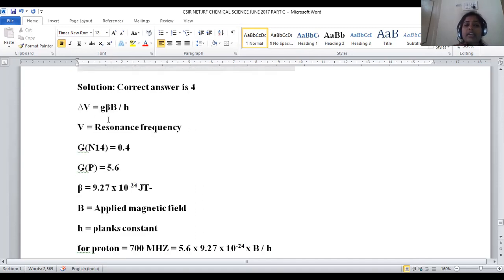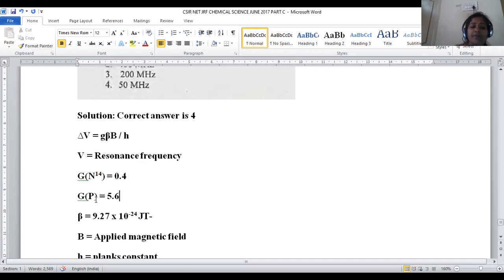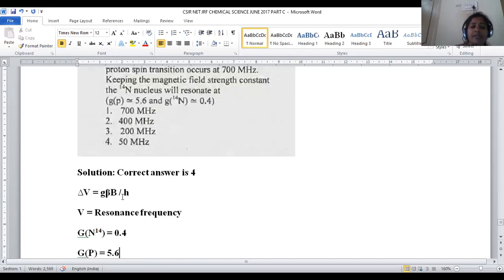So the formula will be delta nu is equal to g beta B by h. This is the formula for the resonance frequency, where nu stands for resonance frequency. g for nitrogen 14 can be taken as a superscript. So g_N14 is given as 0.4 and g for proton is given as 5.6.